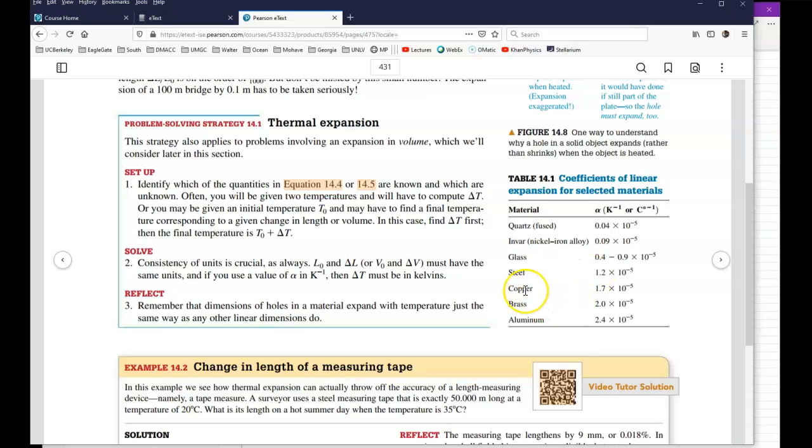So please stick with your book, especially if you are working on problems at Pearson, homework or exam, and you want to get the right answer, because Pearson assumes that the numbers we deal with are the numbers that are in our textbook. Like I said, the best idea is to take a screenshot and keep it on your desktop or something like that, or print it out and hang it on the wall or whatever. Okay, so anyway, that's basically what alpha is.